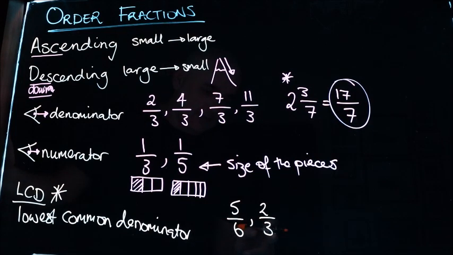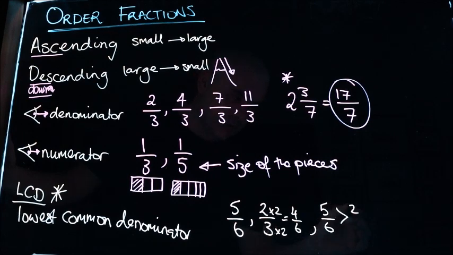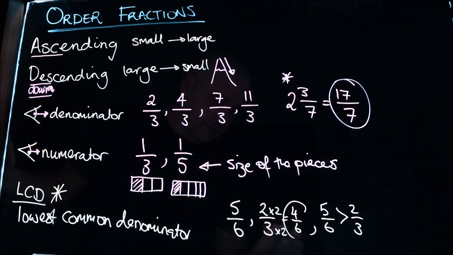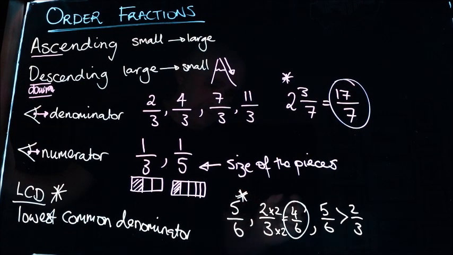What we might do here is, the lowest common denominator here is 6, so we could times this fraction to create an equivalent fraction as this one is equal to 4 on 6. So finally we might say some statement like 5 on 6 is greater than 2/3, knowing that we've done this work here to create an equivalent fraction with the same denominators. And then we're back into that first thing that we were talking about. The denominators are the same, so we just need to look at the numerators when we do this.